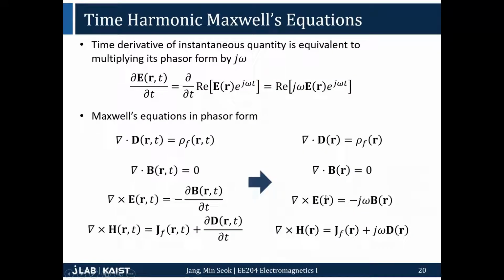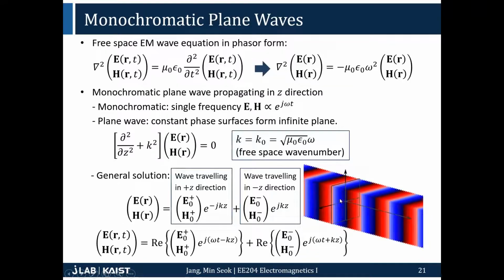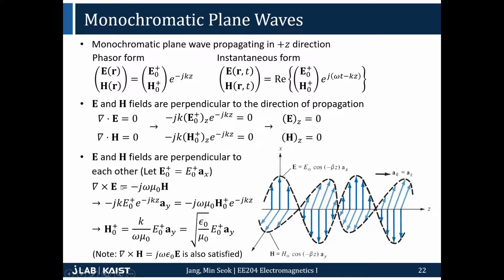This equation is Faraday's law, and because the time derivative is just j omega in the time harmonic assumption, and B is just mu H, you can reduce this equation into this. And the fourth equation is also Ampere's law.